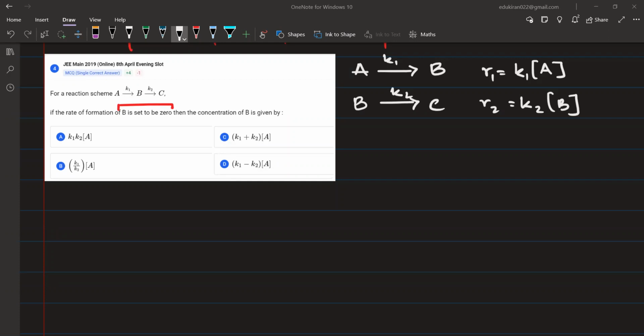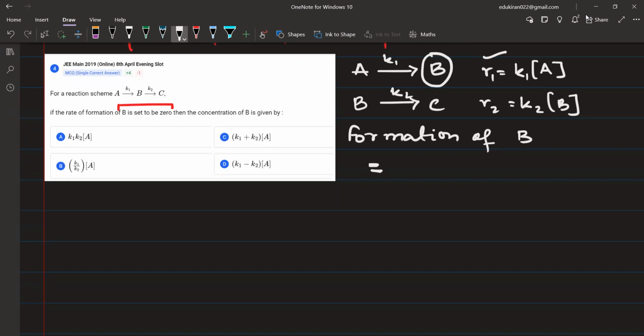Now, A is forming B and then B is forming C. So we are forming B from the first reaction, and then what is happening in the second reaction?